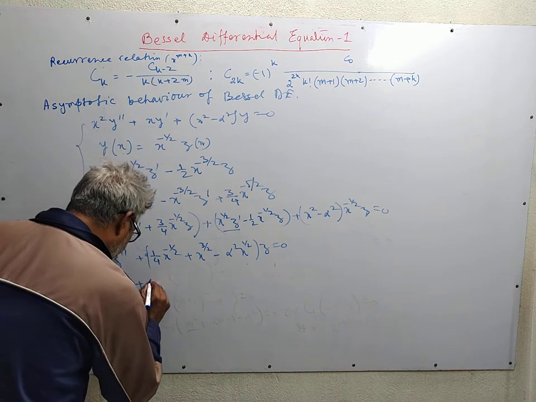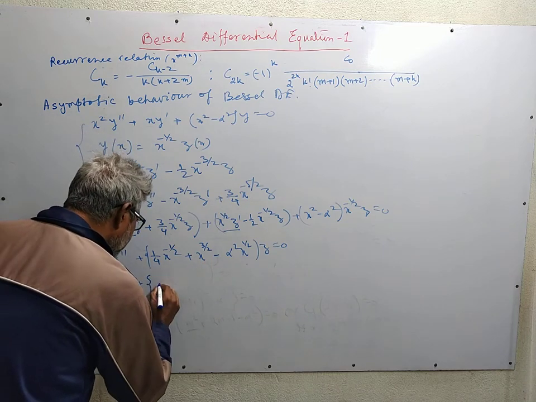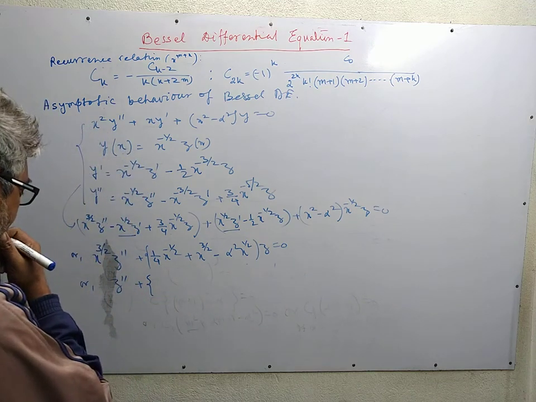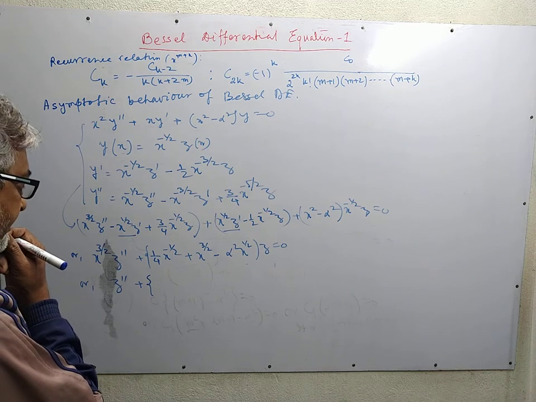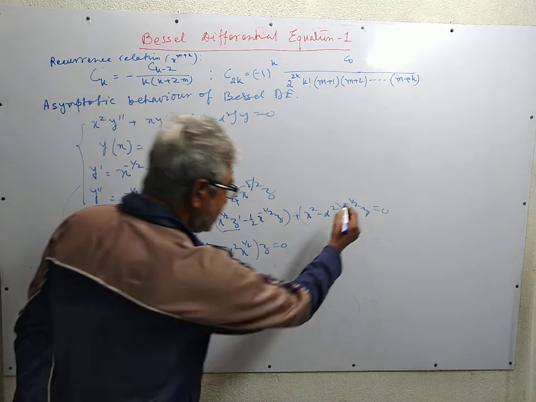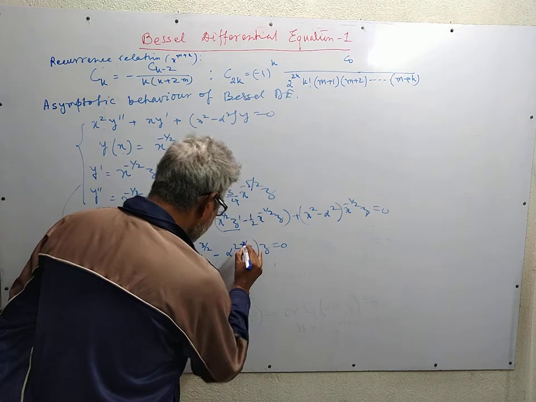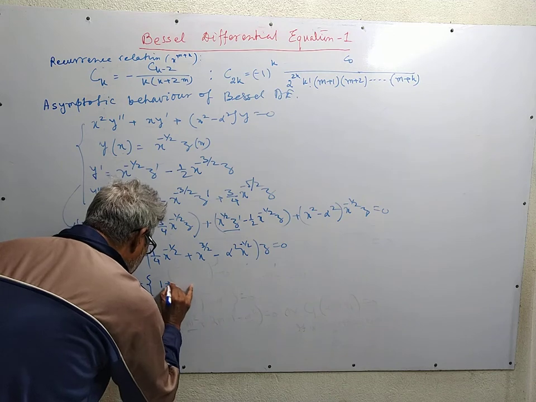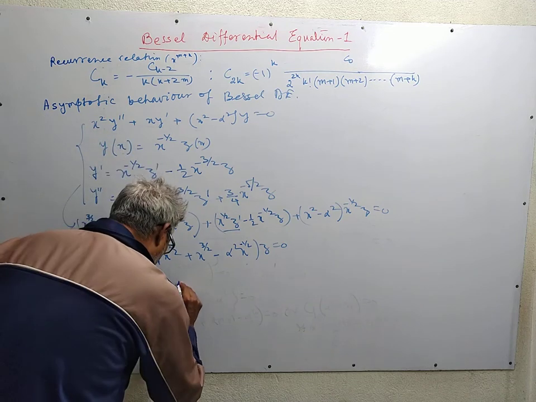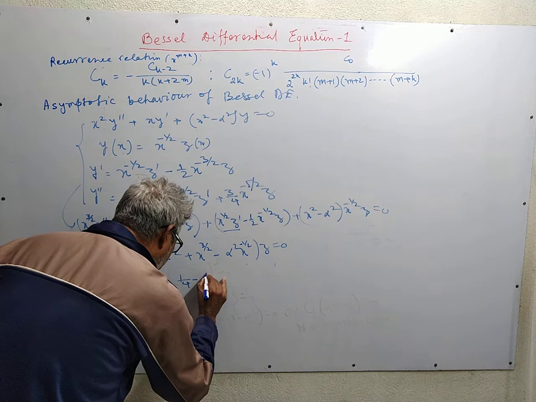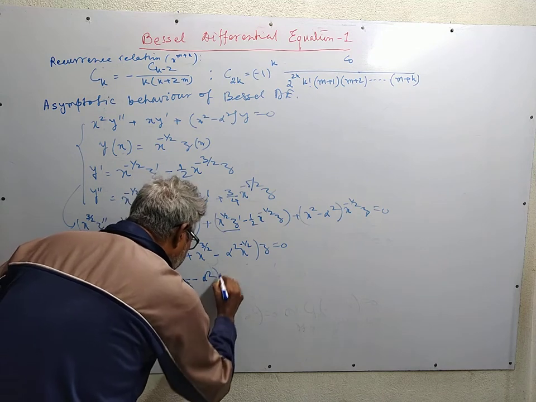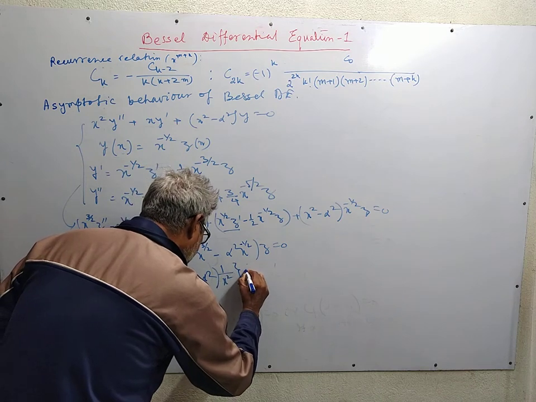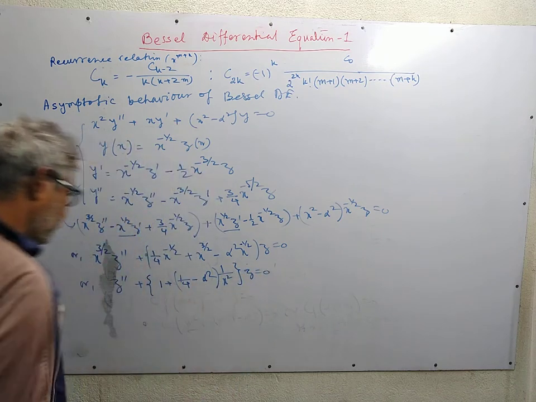Then this term is 1. This sign should be minus. So we have z double prime plus (1 by 4 minus alpha square) by x square z is equal to 0.